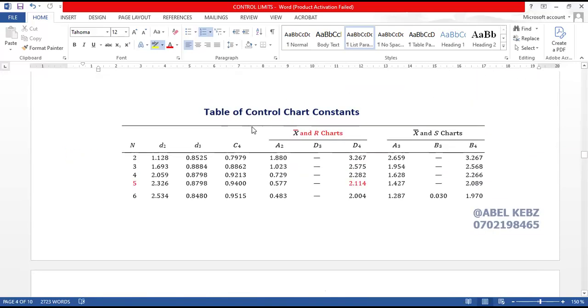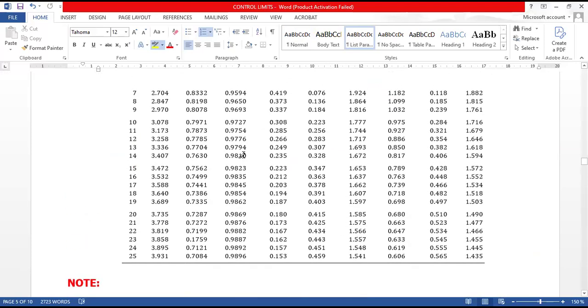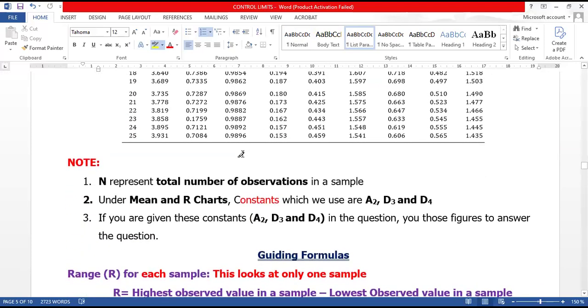Now with control charts, you will be interested in knowing what is your sample, what is your observation. If you cannot differentiate the two, then it can be hard for you. You need to know from the information given, you as the data analyst or you as the decision maker, what is your focus? What are you observing?